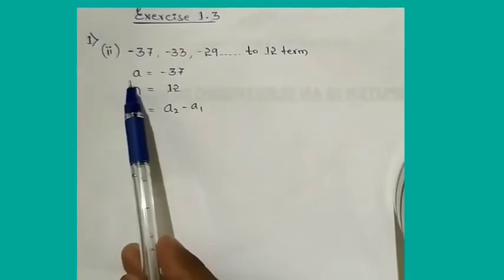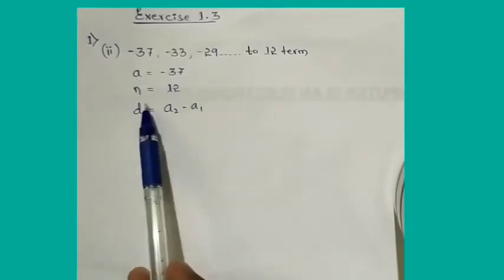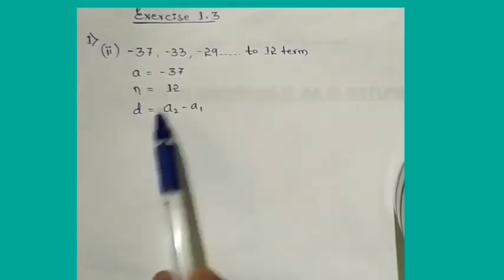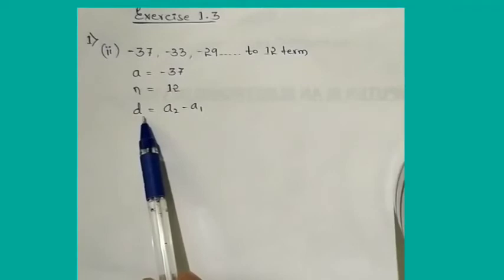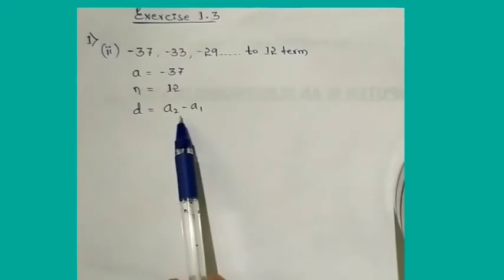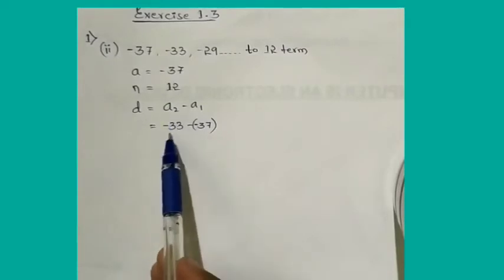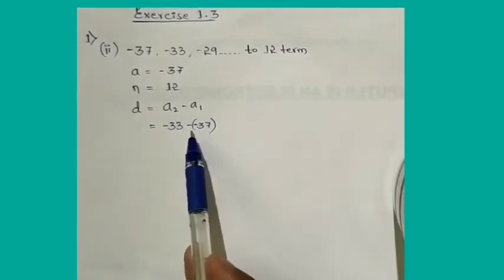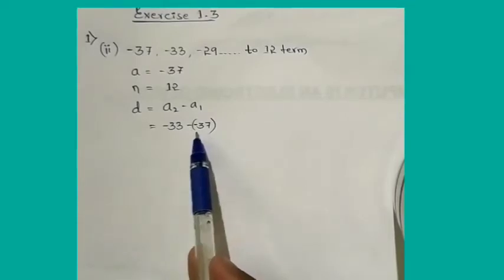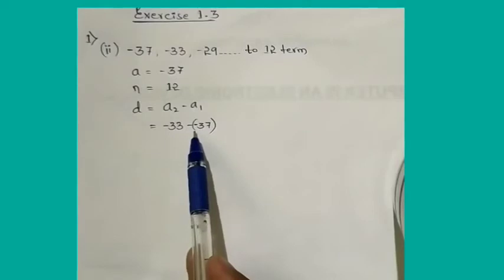So write the given points. In the second sub problem they gave a equal to minus 37, and n means up to 12 terms you have to find. For that you have to find d, that is a2 minus a1. So in place of a2 minus 33, minus, in place of a1, that is minus of minus 37. Already they gave minus, so you have to write minus only.